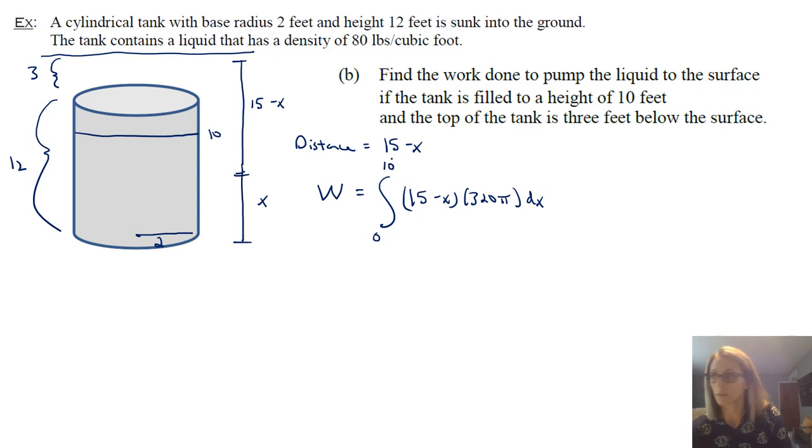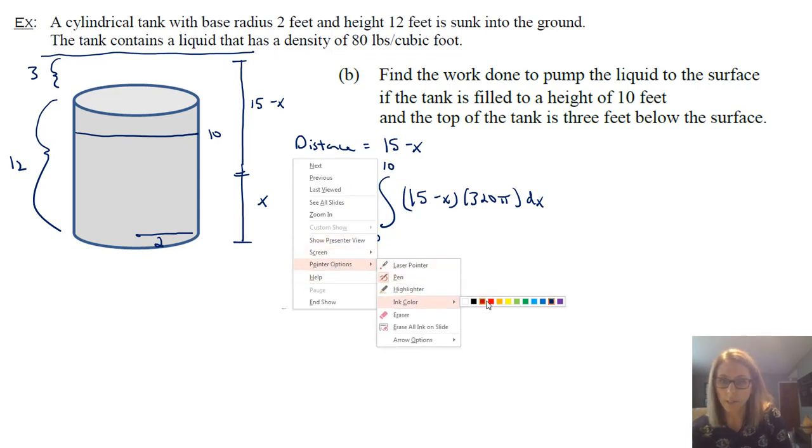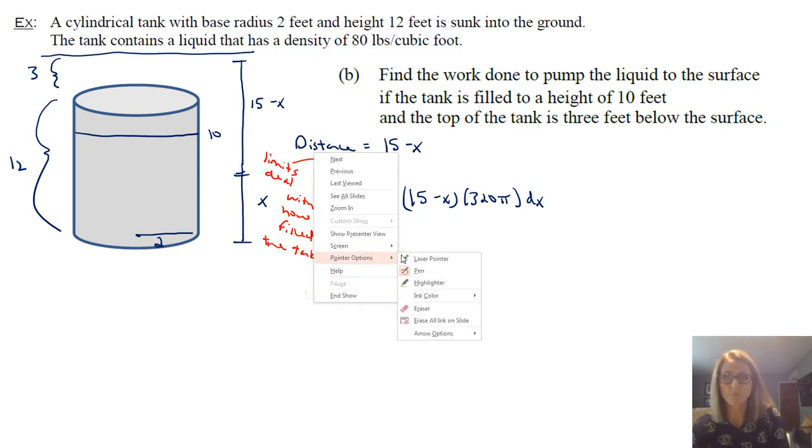So this thing here, let me put this in red as a tip: these limits of integration deal with how filled the tank is. So notice that difference. That's why we have 0 to 10. Otherwise, everything's very, very similar.